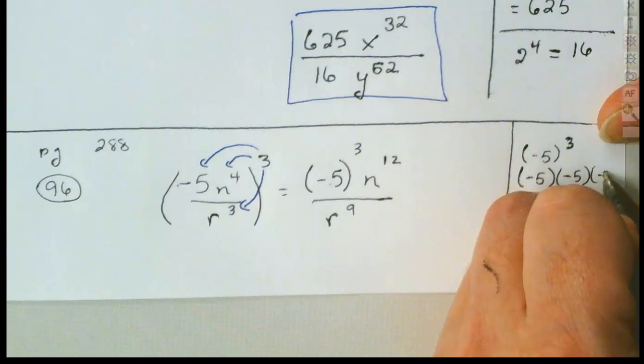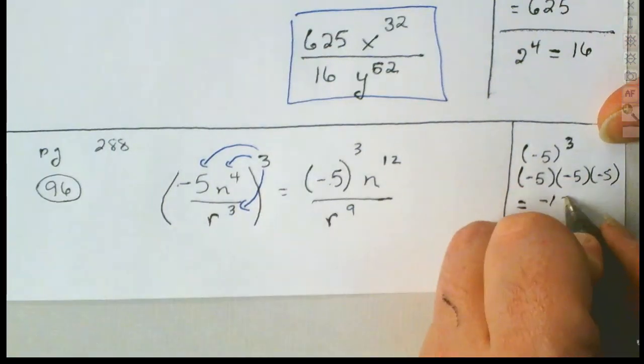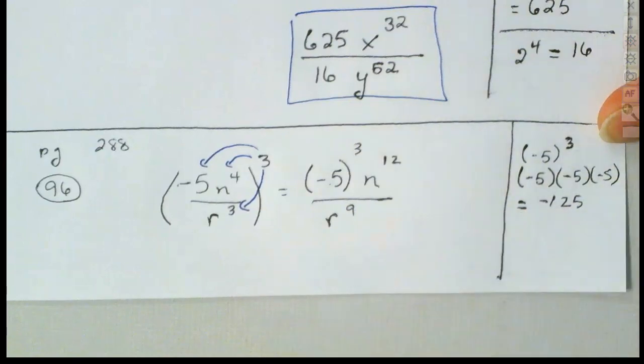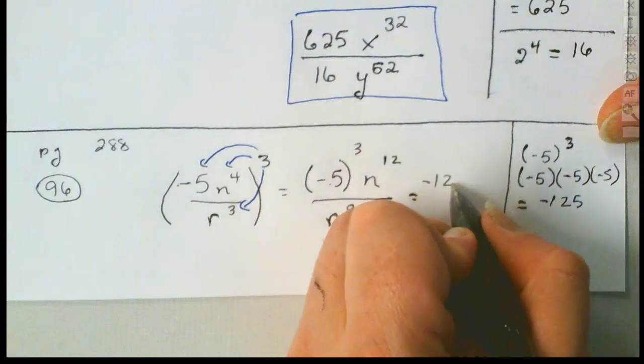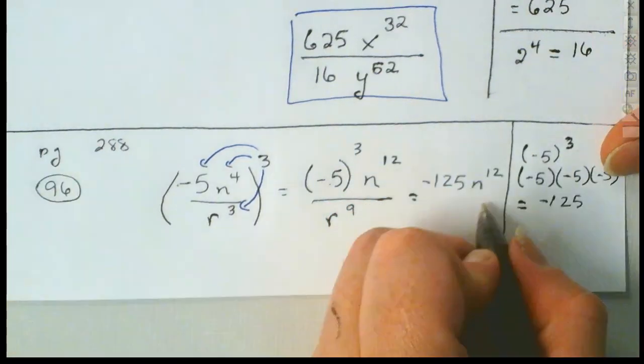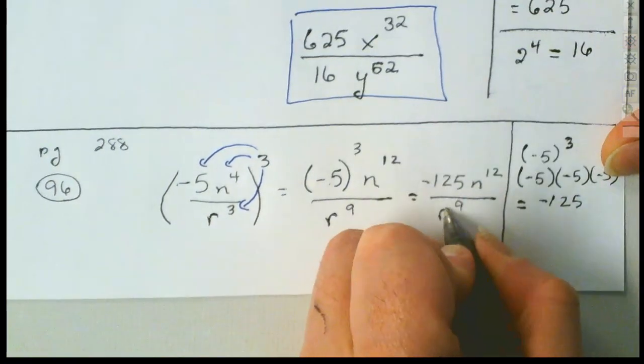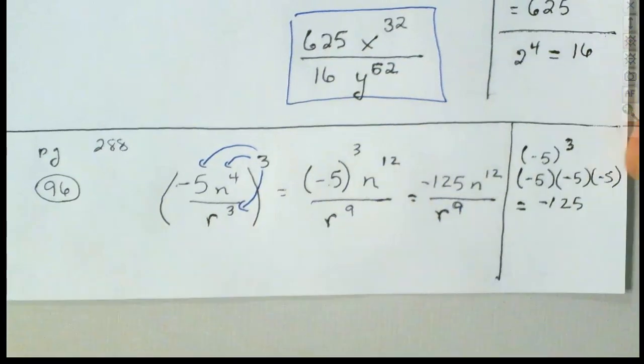So write it out 3 times. 3 negatives stays negative, so that would be a negative 125. So what would my final answer then be? Negative 125 to the 12th power over r to the 9th power there. And that's it.